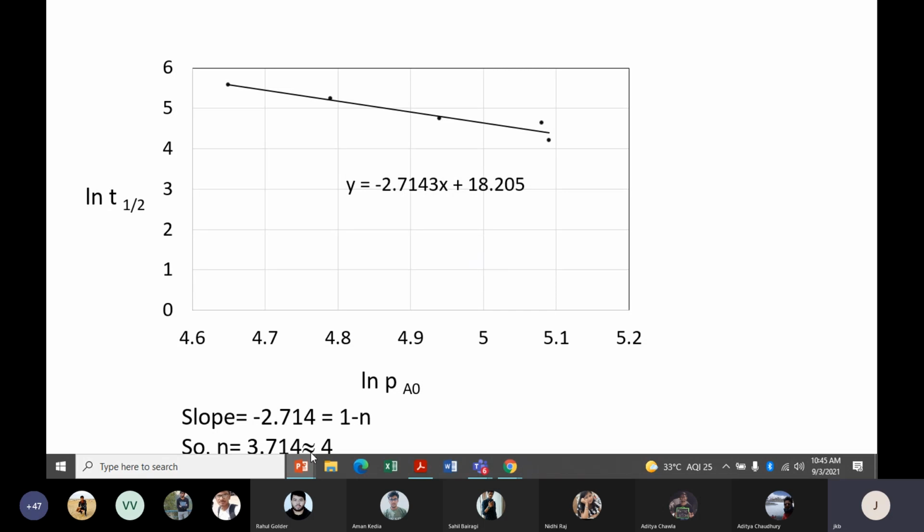So here n is coming 4 approximately. After fitting to straight line, this is the expression. From here you can find slope is minus 2.714, which is equal to 1 minus n, so n is equal to 3.714, approximately 4.